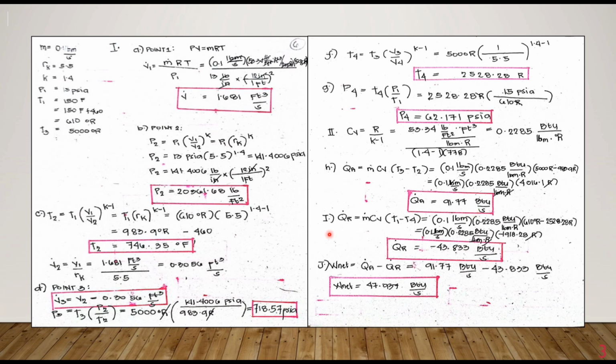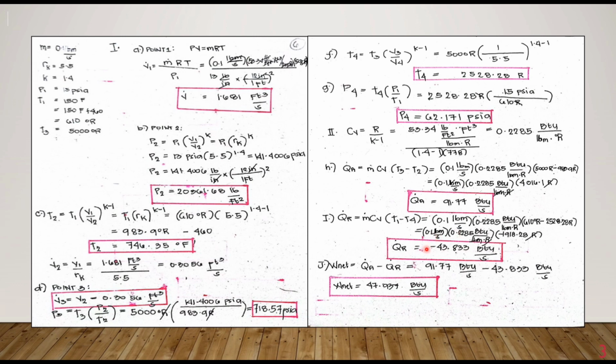So for our I, we are going to solve for QR. So we have mCv times T1 minus T4. So we have 0.1 lbm per second times 0.2285 BTU per lbm-Rankine times 610 degrees Rankine minus 2,528.28 degrees Rankine.